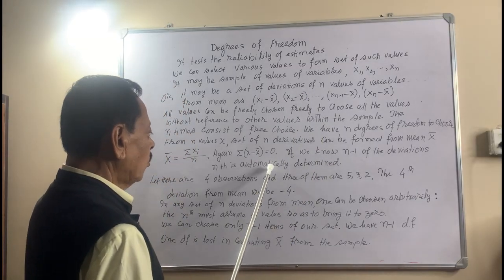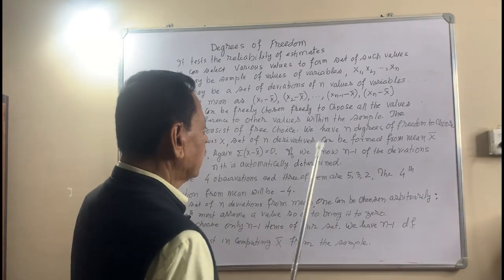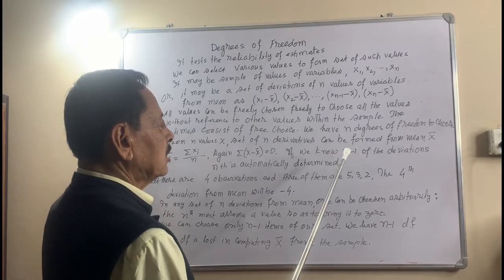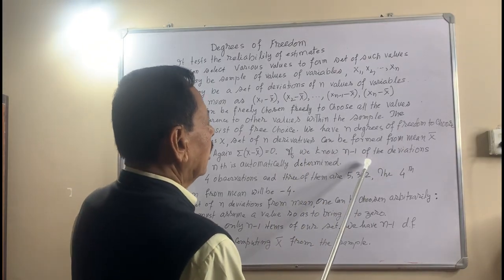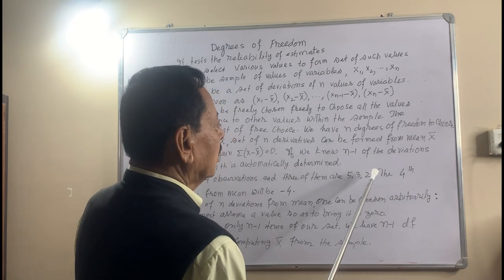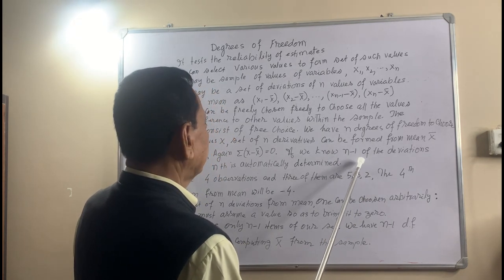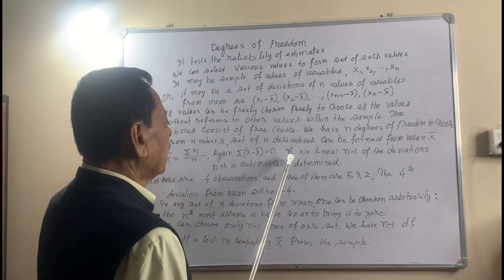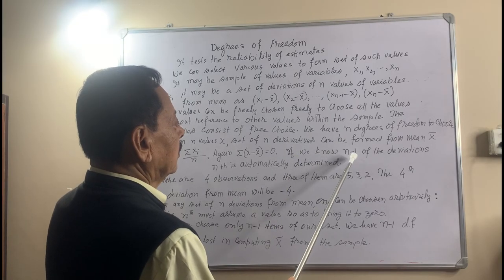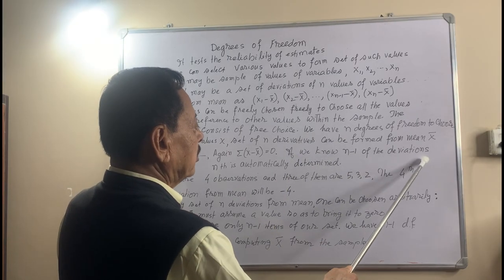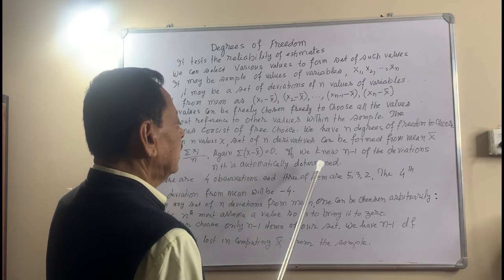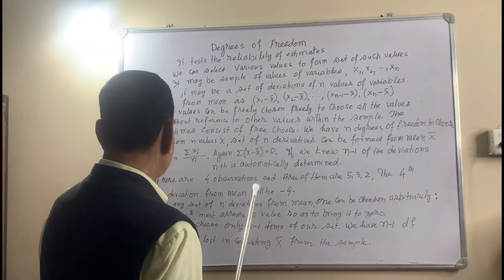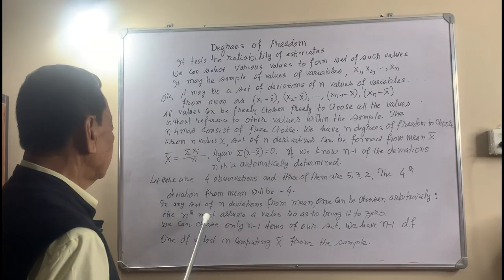Suppose the number of observations is 36, then n minus 1 is 35. So if we know n minus 1 of the observations, then the nth is automatically determined.